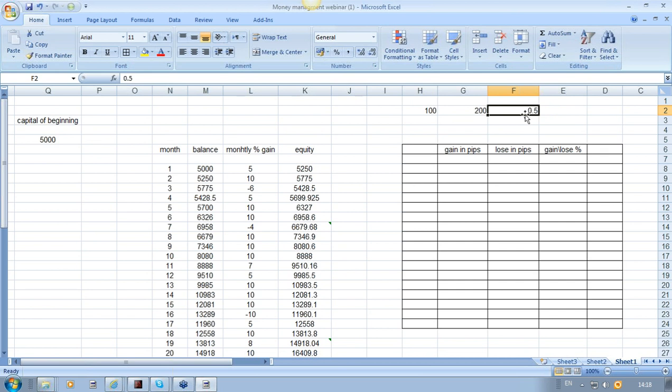Simple math. If my risk per money is $100 and my risk per pips, the stop loss, is 200, right? I have to make a trade when each pip equals $0.5, means 0.05 lot size.